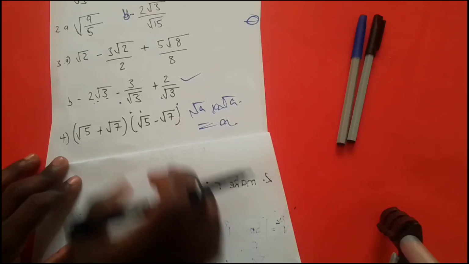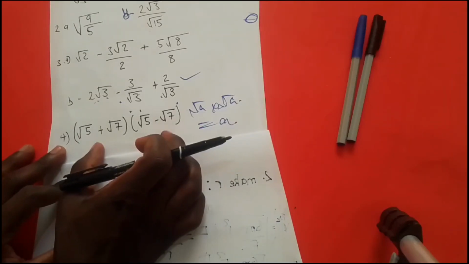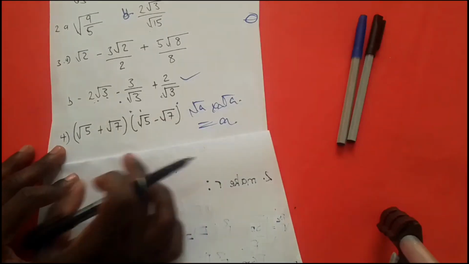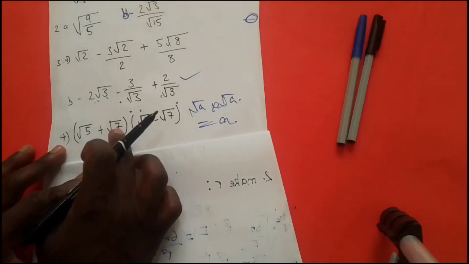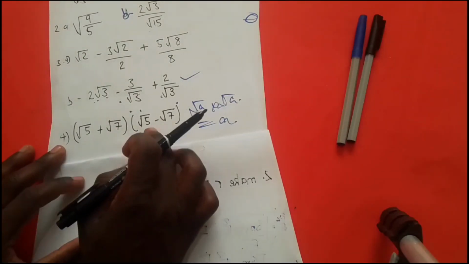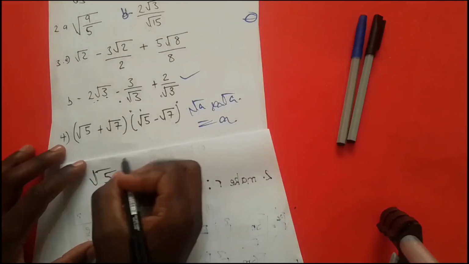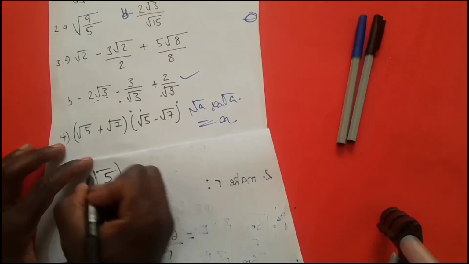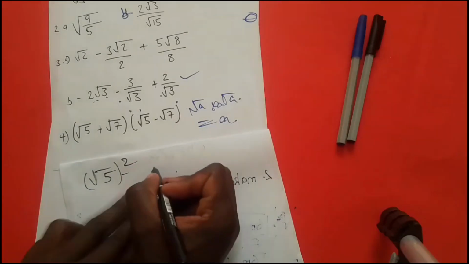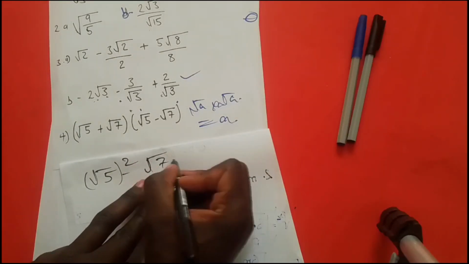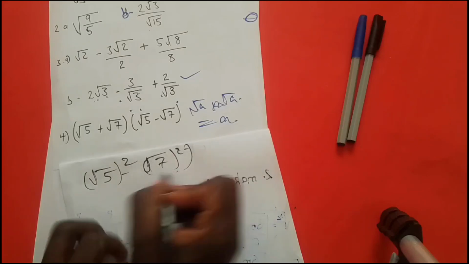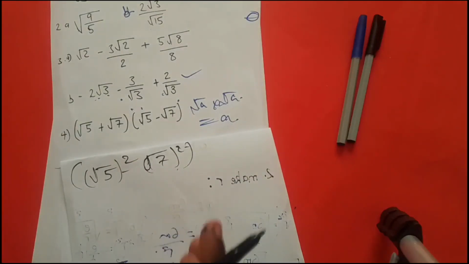So when you're using the difference of two squares, these expressions, root 5 plus root 7 bracket root 5 minus root 7, is just the same as root 5 squared minus root 7 squared. Okay, so it's just the same as this.